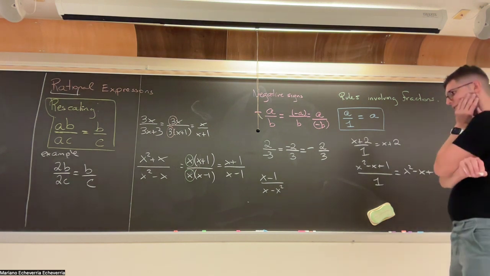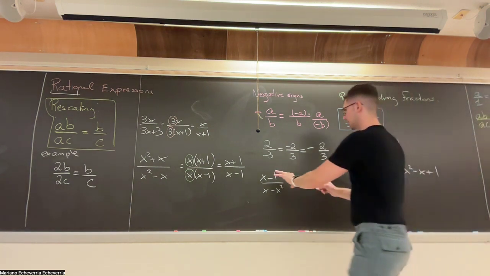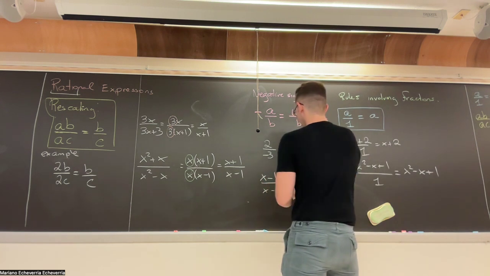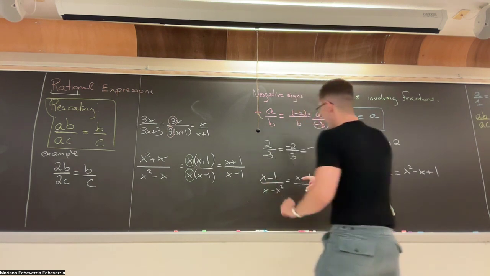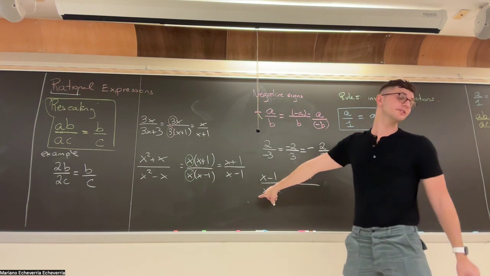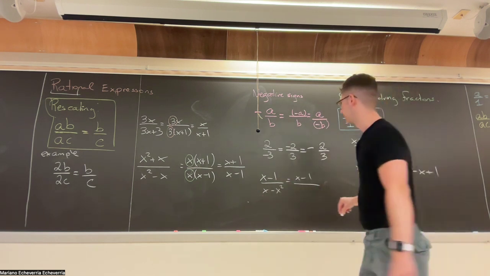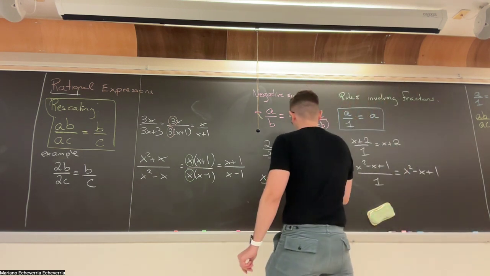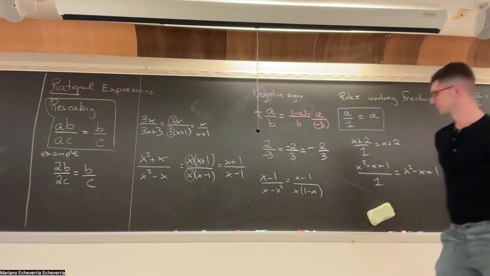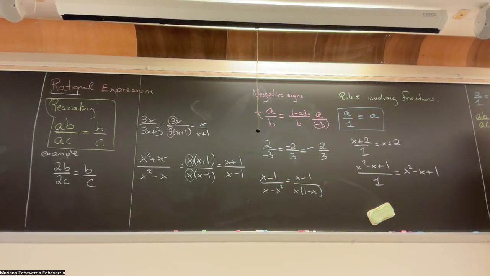What's going to happen here? Okay, so I'll leave the numerator as x minus 1. And then what I can do is factor out an x at the bottom, right? So I'll factor this out here. 1 minus x. Right, so far so good.